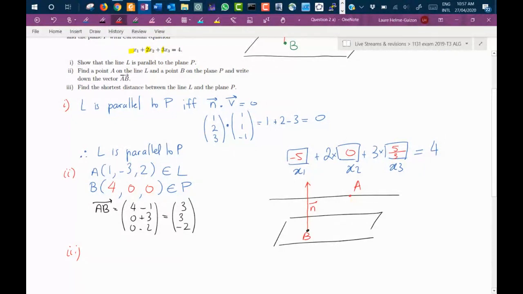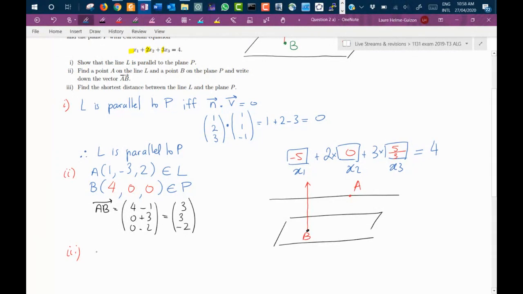Does looking at the drawing inspire you in some way to find the shortest distance? How could we do that? Projection. Yes, projection. Projection of what onto what?